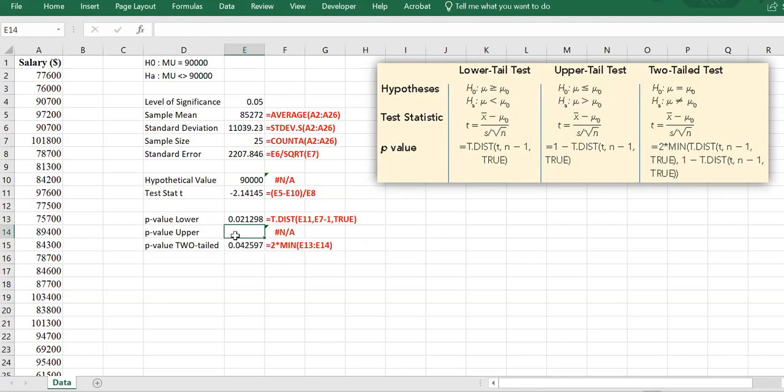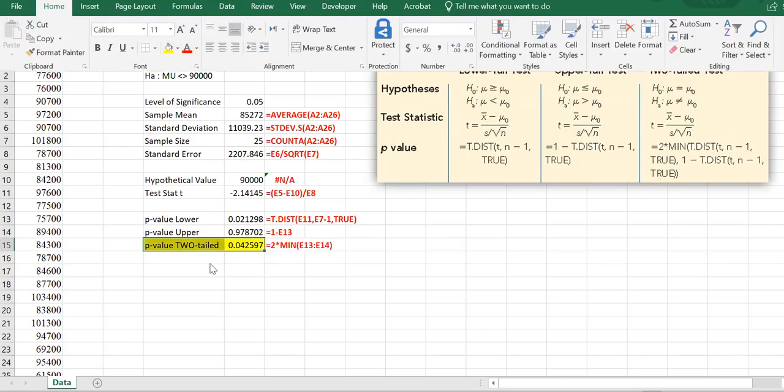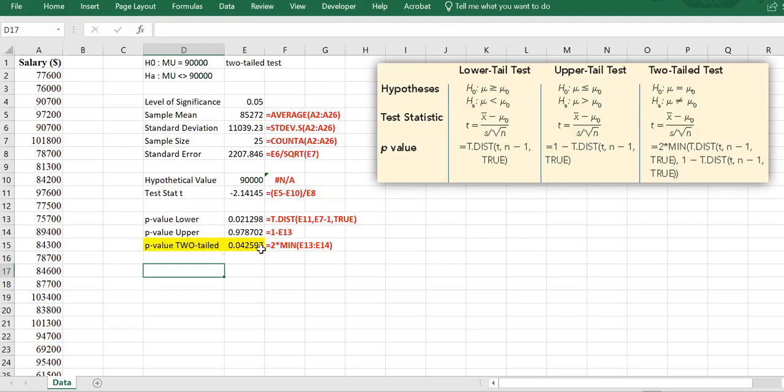It's going to be less than alpha 5%. The p-value upper tail is going to be 1 minus the p-value lower tail. But at the end of the day, this is a two-tailed test, and because of that, we just look at the two-tailed p-value and make our conclusion based on it.